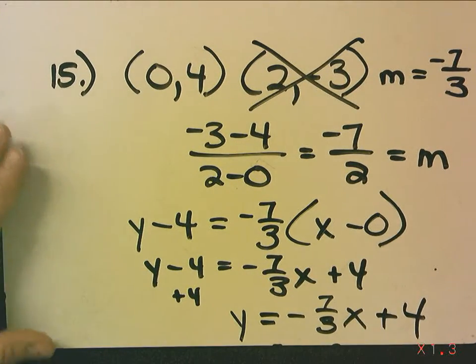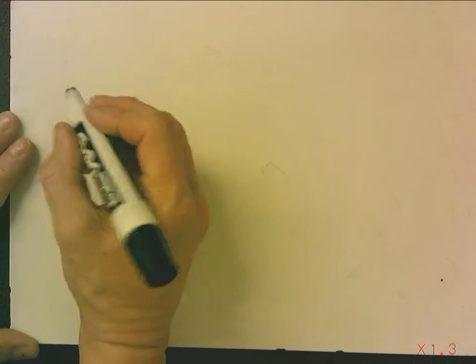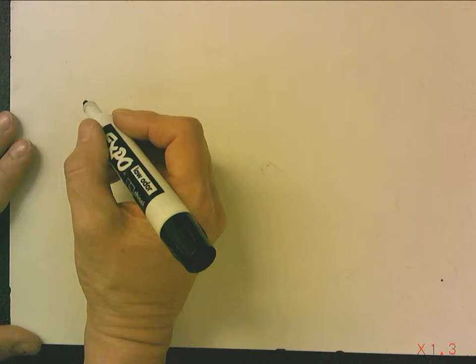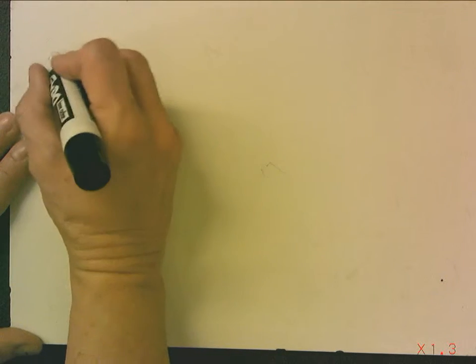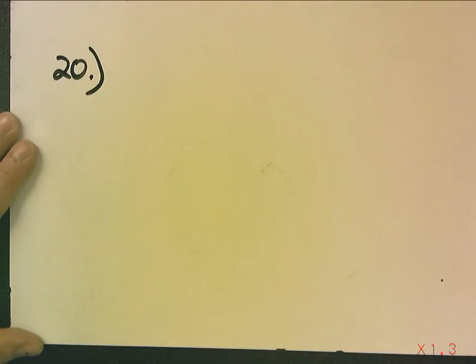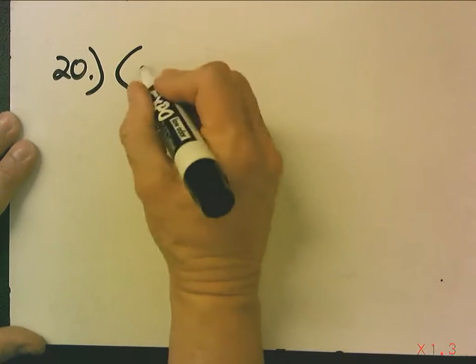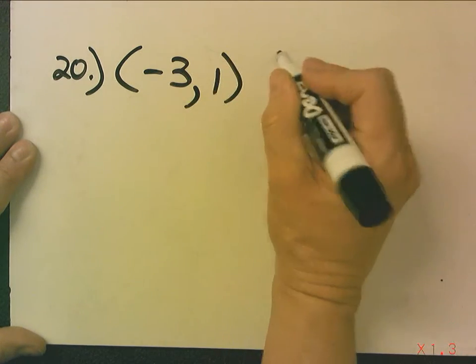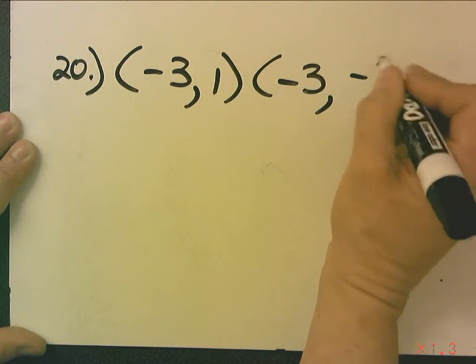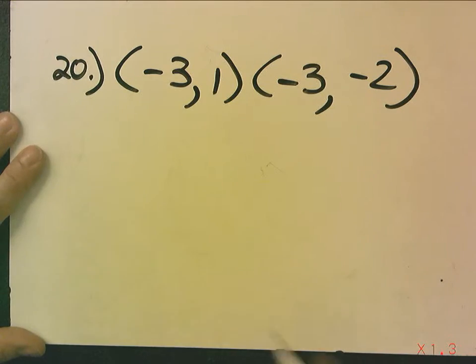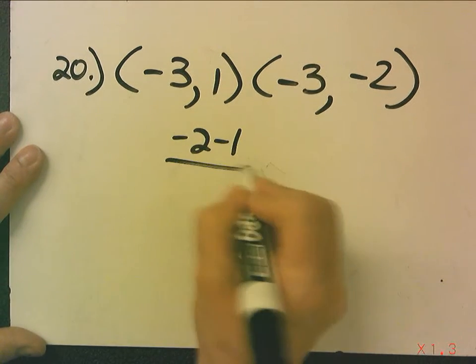Okay, now we're going to do one more, and let's do number 20. Okay, for number 20, I have negative 3, 1, and negative 3, negative 2. 2 points, find the slope.